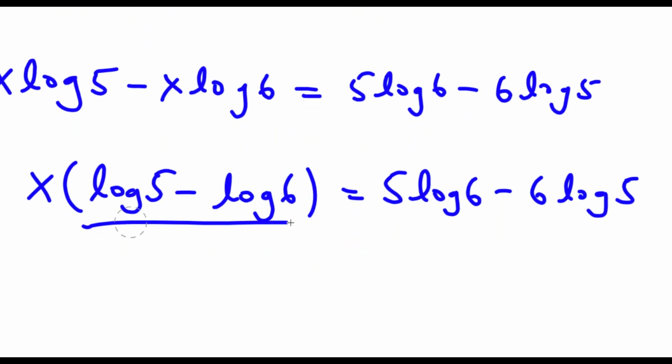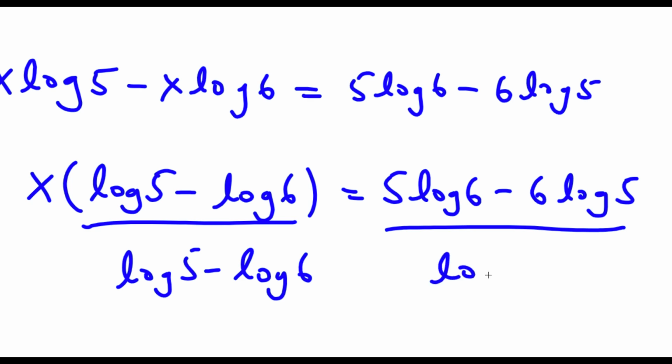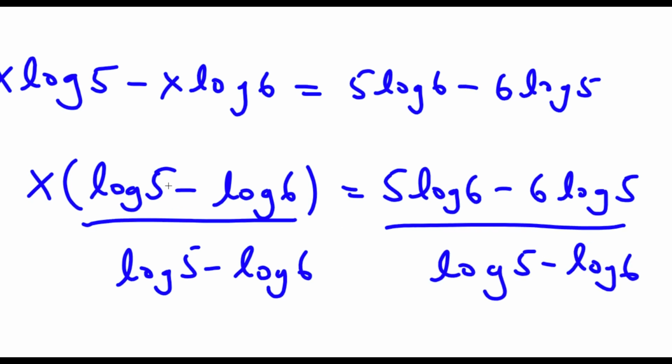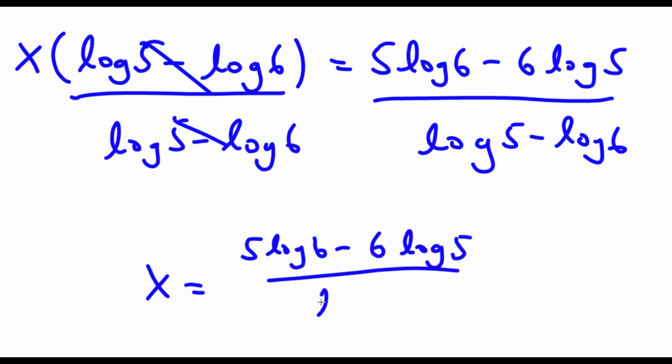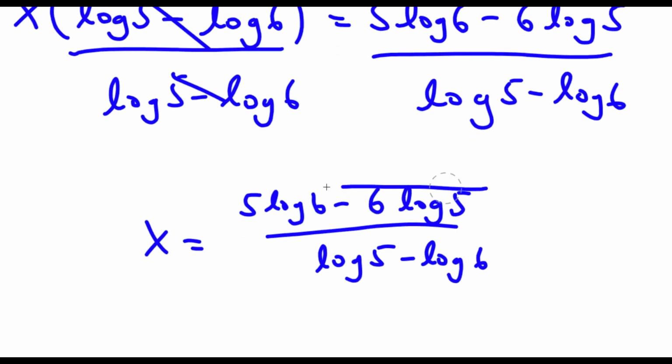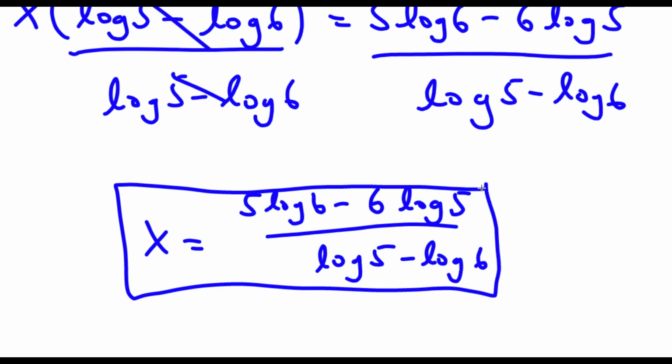And now I can go ahead and divide both sides by log 5 minus log 6. So then these two cancel out. I'll be left with x is equal to 5 times log 6 minus 6 times log 5 over log 5 minus log 6. So this is our answer.